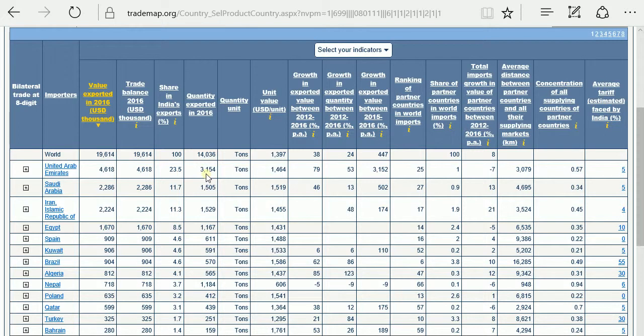Then quantity exported. This is 3,154 tons of desiccated coconut exported from India to UAE in the year 2016. And the unit value is 1,464, which indicates the FOB value. So, when you are talking to a buyer in UAE for desiccated coconuts, you can ask for his target price.